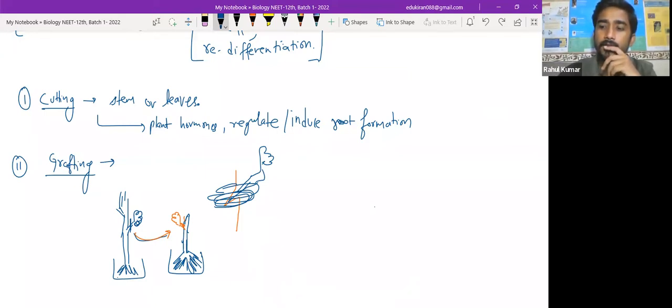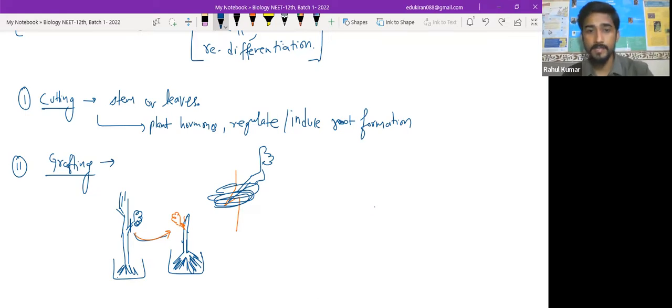Now, who can give me examples of grafting? Any example of grafting? See, one could be, how many of you have seen anyone making a graft? We often do it for fruit trees, remember?